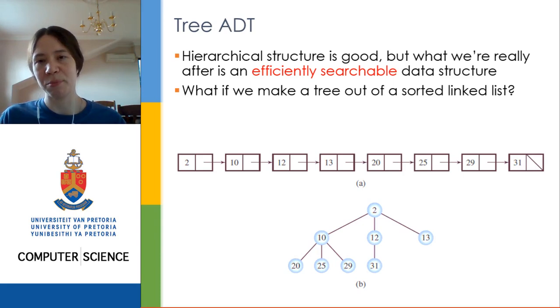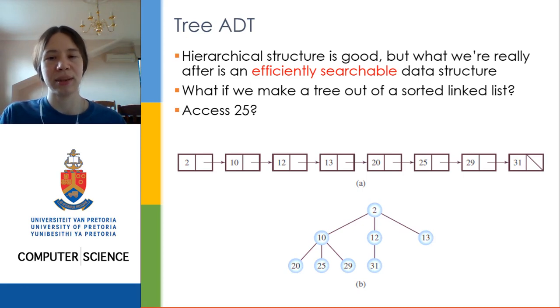Alright, so we have managed to take the data and transfer it into the tree. Would this necessarily be more efficient to search? Well, let's say we are just accessing specific values. To access 25 in the linked list, we have to make 1, 2, 3, 4, 5 hops, and in 5 iterations we're going to get to 25. With the tree, on the other hand, because we now have multiple branches, the length of individual branches are shorter than the length of the entire linked list.